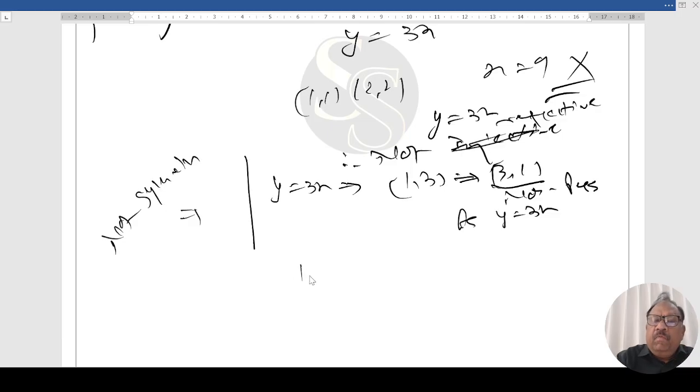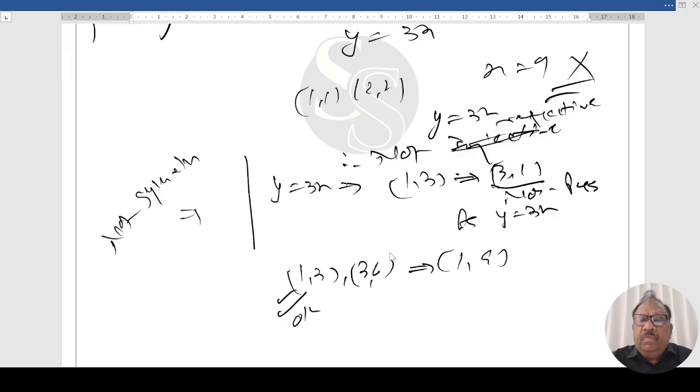Then, if (1, 3) and (3, 9), then (1, 9) should be there for transitive.